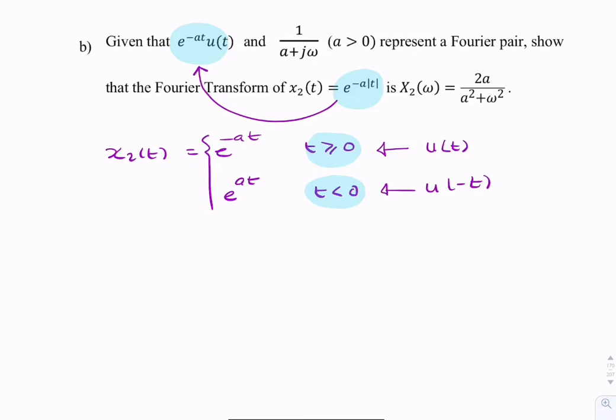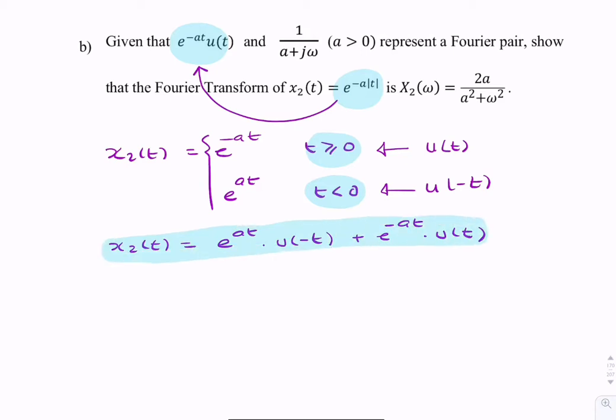So now I can write x2 of t as a single expression, and let's start with the negative time. We'll say it's e to the at times u of minus t plus e to the minus at times u of t. So now I have a nice expression for x2 of t.